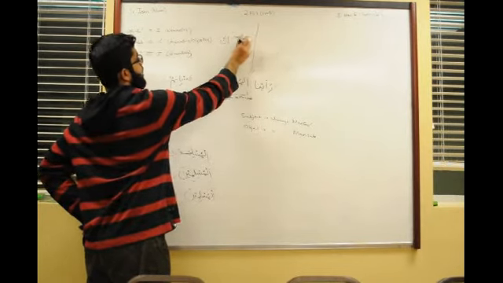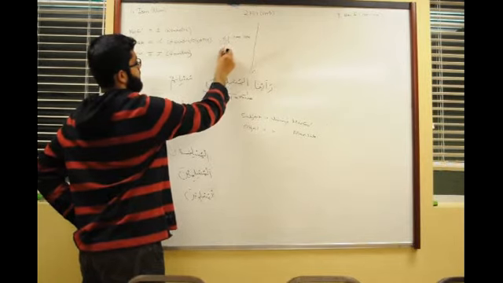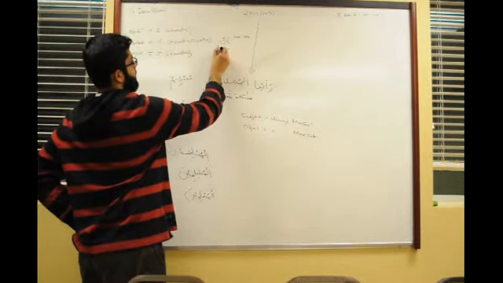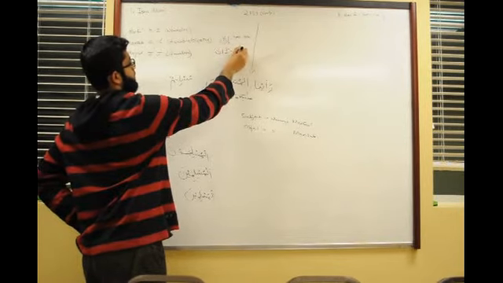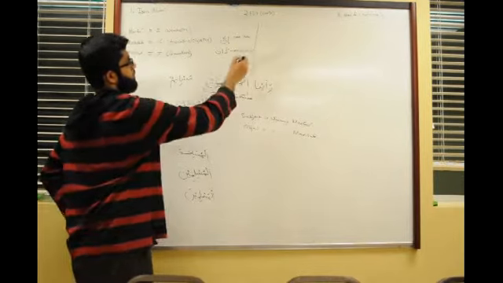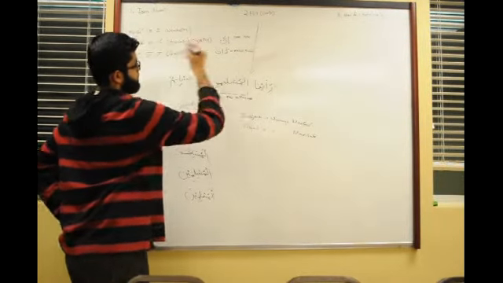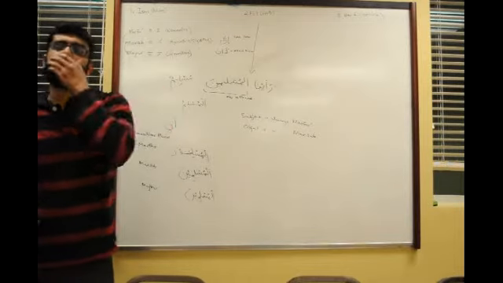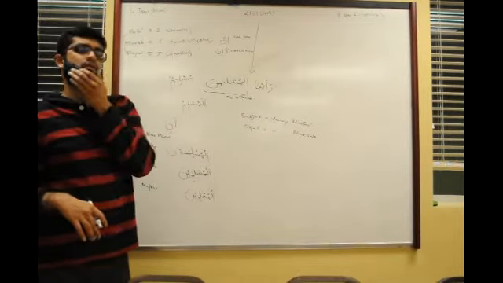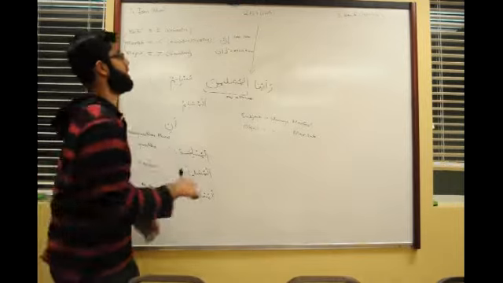Okay, and then the other one that we learned recently was kana, right? The khabar kana. Khabar kana. Okay. So kana means what? He was, right? He was.